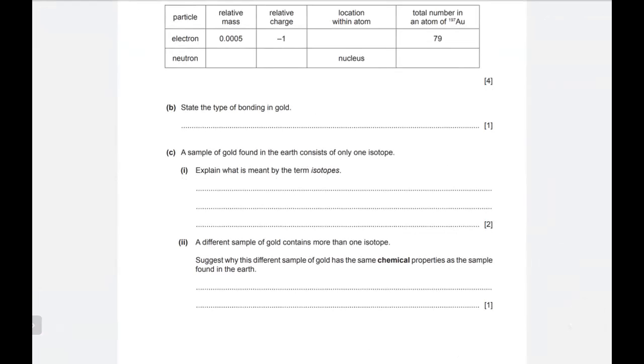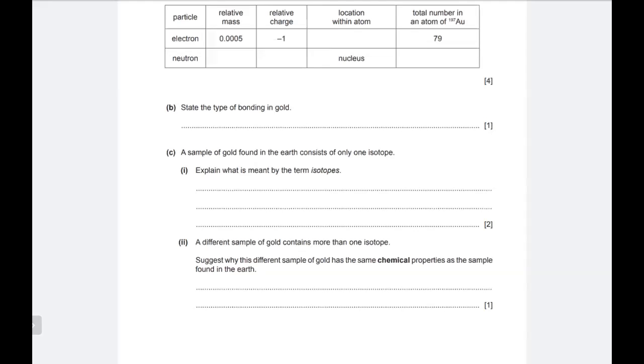Isotopes are the presence of different mass atoms in the same element. And you know, mass is different because the number of neutrons is different. The number of protons is always the same, otherwise the element is not the same.